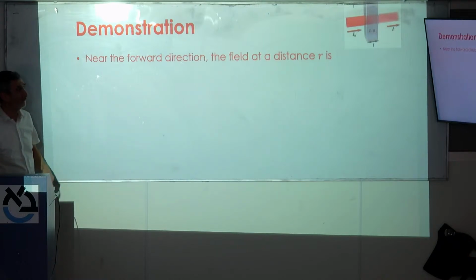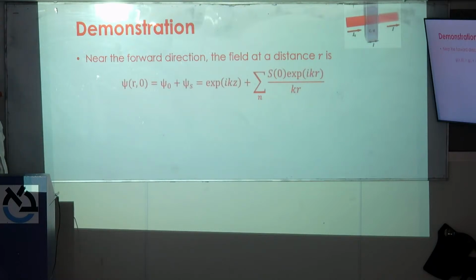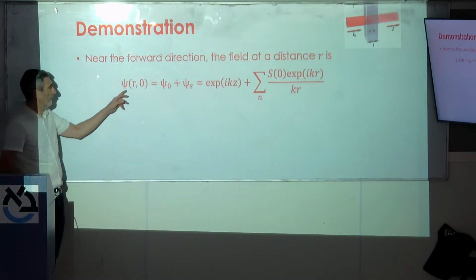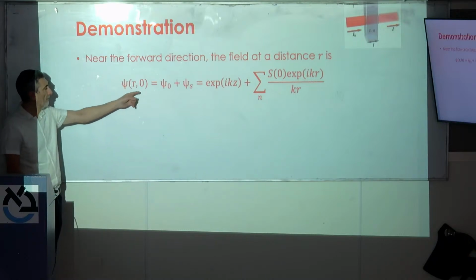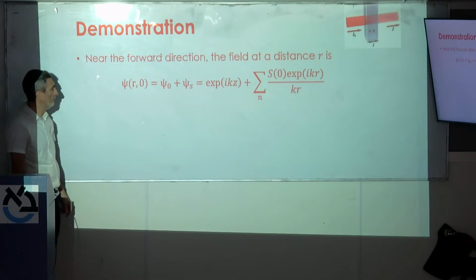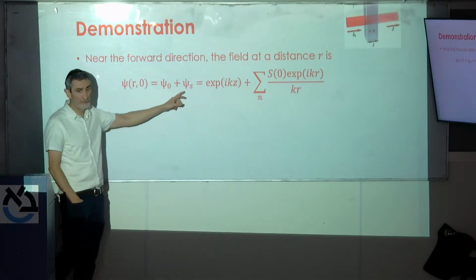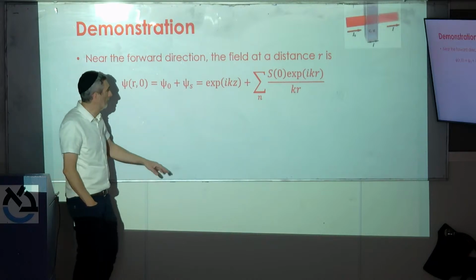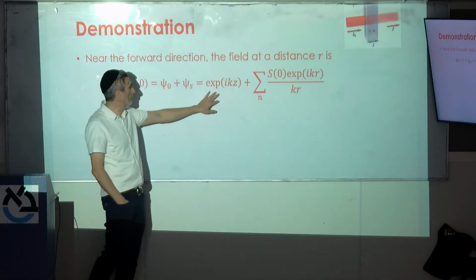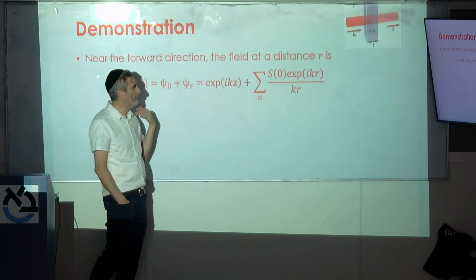This is something we have done for one particle, but here we do it for a scattering medium. So psi of r, at some distance r in the incident direction 0, is the incident field plus the scattered field, as usual. This incident field is the plane wave exponential ikz.